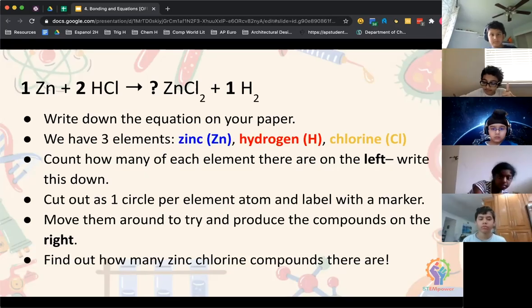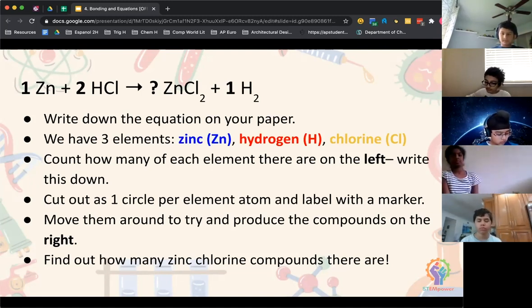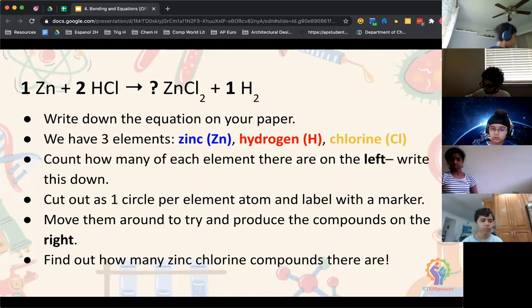All right, so we can take a few more moments to count out how many of each element, or each atom, there is. The next step is to cut out 1 circle per atom. Personally, on the left side, I counted 1 zinc atom, 2 hydrogen atoms, and 2 chlorine atoms. So I'm going to cut out 1 circle for the 1 zinc, 2 circles for 2 hydrogens, and 2 circles for 2 chlorines.